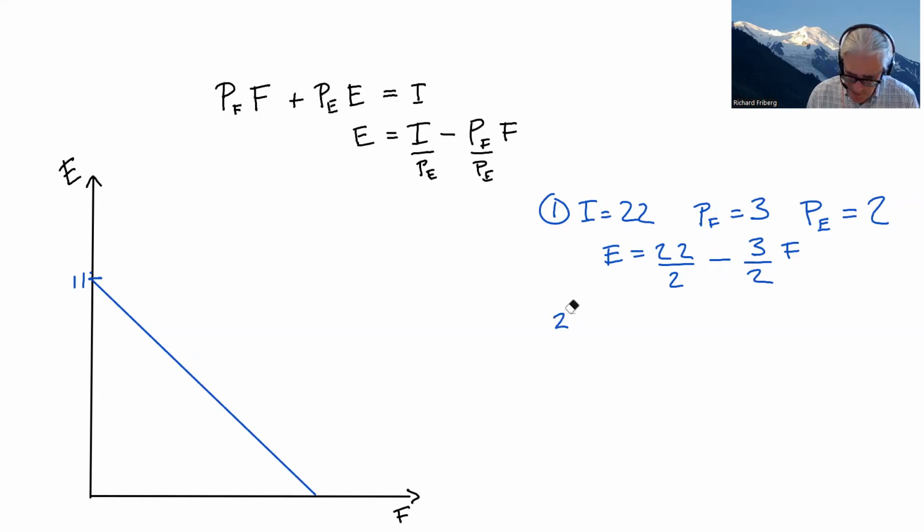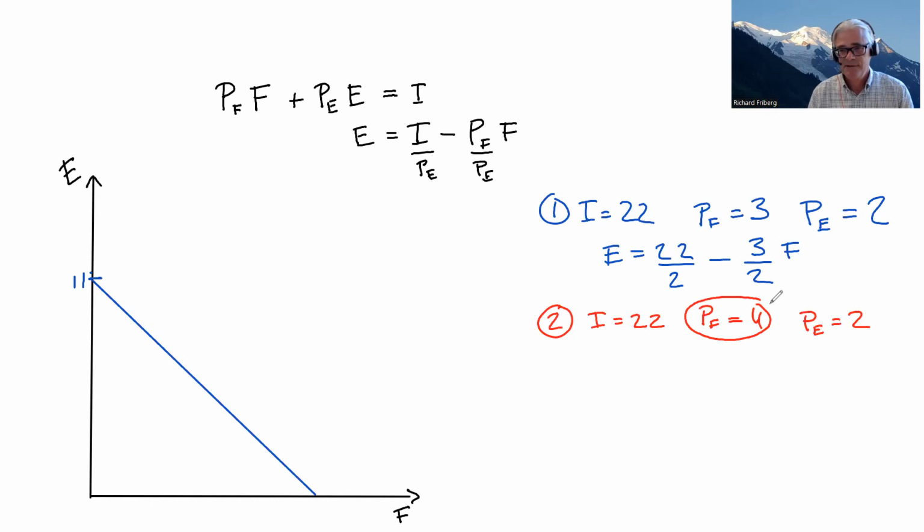We could also ask how this budget constraint changes if we change some things. Now look at the case where income is still 22, price of entertainment still 2, but the price of food changes from 3 to 4. I'll circle that to show that this is what's happening here. The budget constraint would then still start at 22 over 2. If I only buy entertainment, nothing is affected.